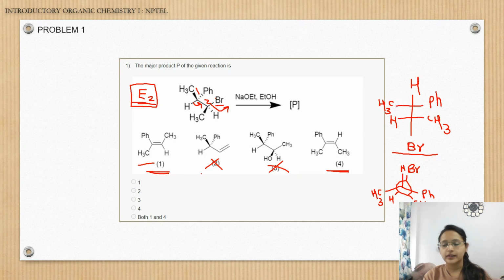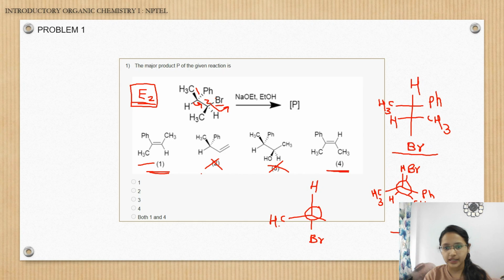Right, this is how I'm going to draw this. But now you have to see the anti-periplanar bond. So that means this hydrogen and Br should be anti-periplanar to each other, which means they should be opposite to each other. So now draw the staggered conformation of this particular Newman projection what you have drawn already, and you will get the answer.